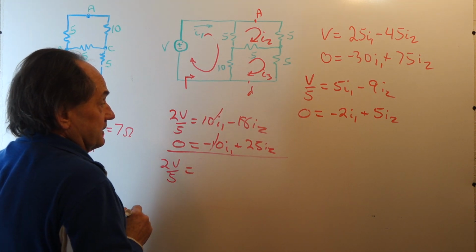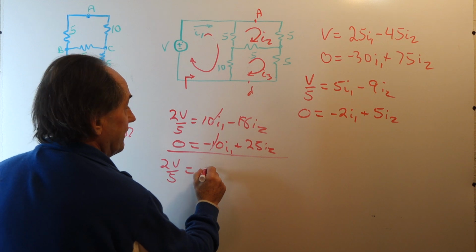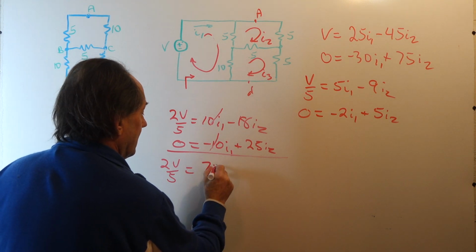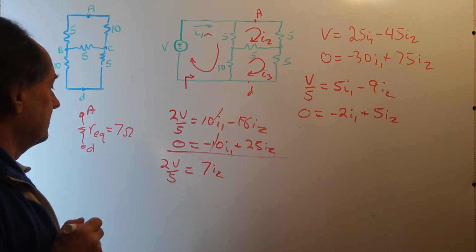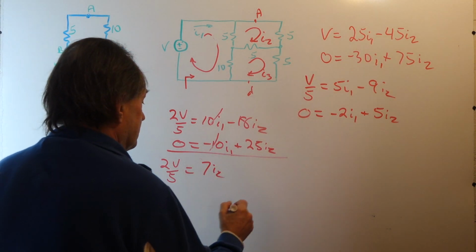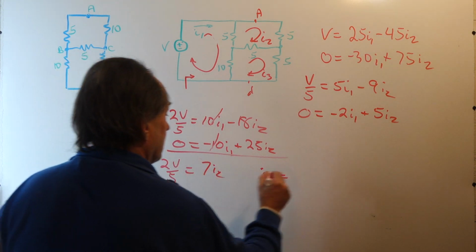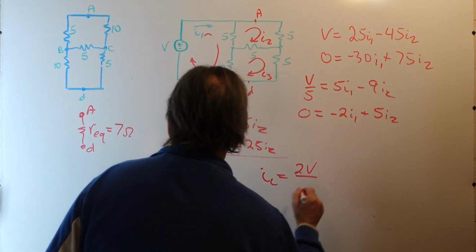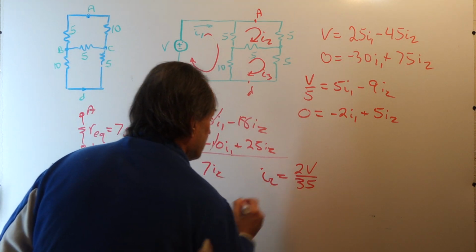The I1 drops out, and we have minus 18 plus 25, which is 7I2. Now, solving for I2, I2 then becomes 2V over 35. That's our I2.